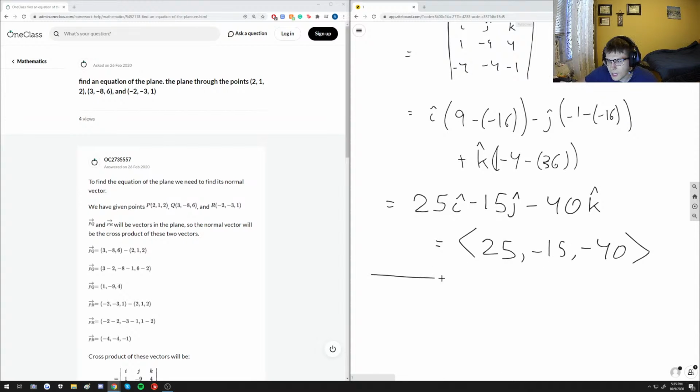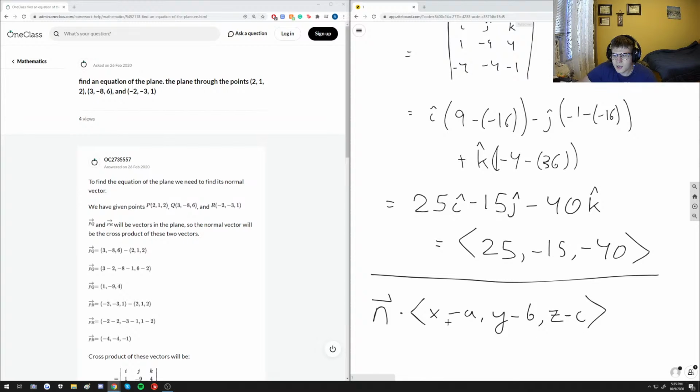So now if we want to find the equation of our plane, we're going to take n hat and we're going to dot it with basically the vector that corresponds to x minus a, y minus b, z minus c, where a, b, and c are one of the points on the plane.